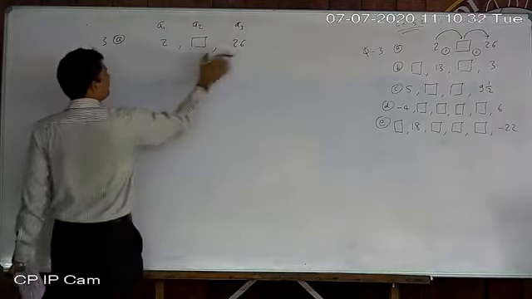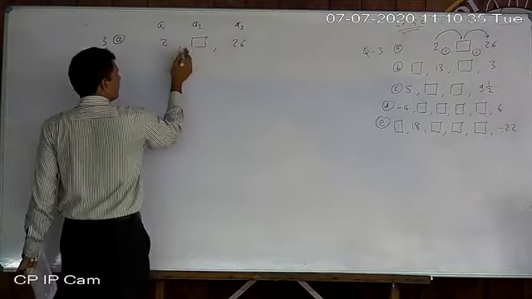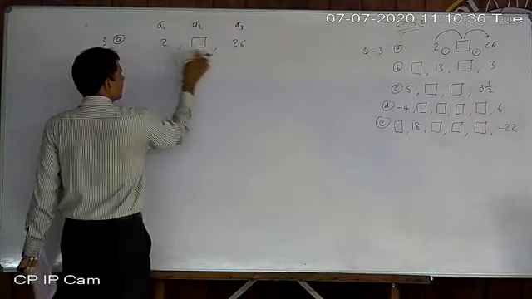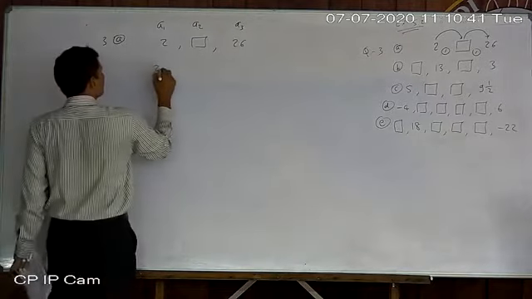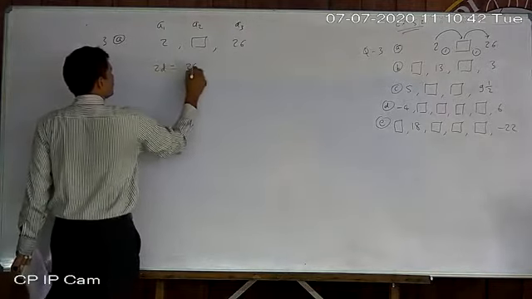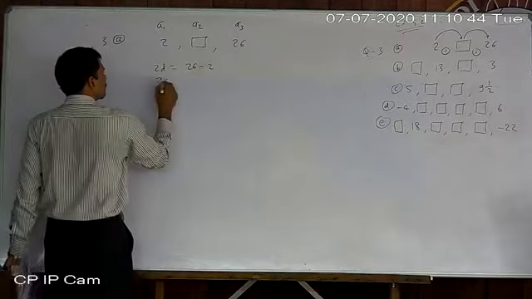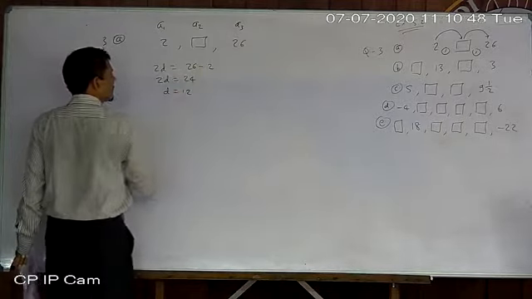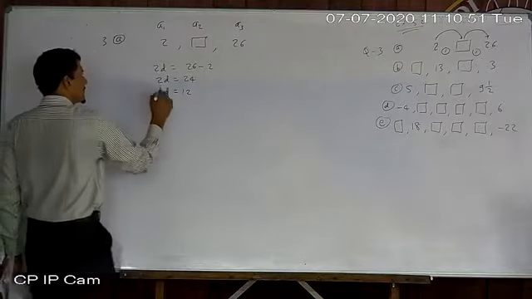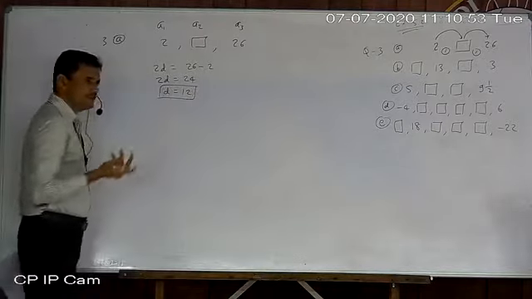Now look here, the gap is of 2. Why? 1 gap, 2 gaps. Otherwise, how many commas in between? 2 commas. So actually 2d equals 26 minus 2. So 2d equals 24. So d equals 12. So you got d. Enough.